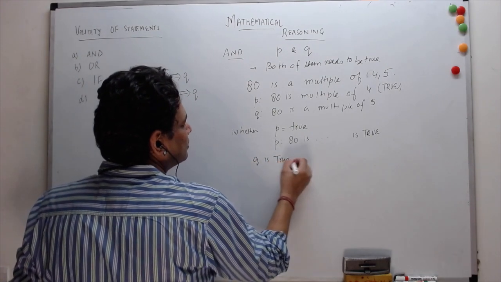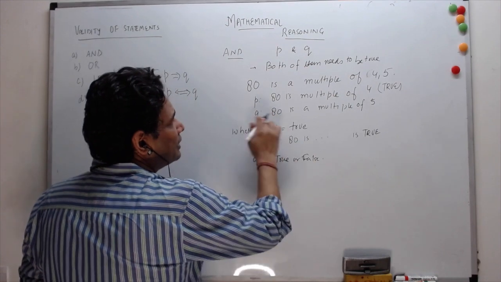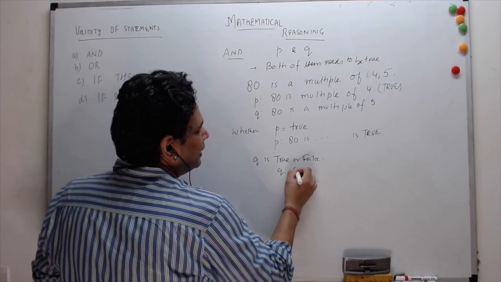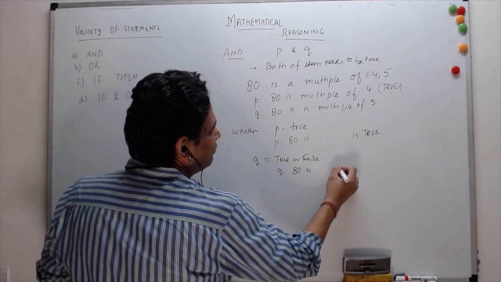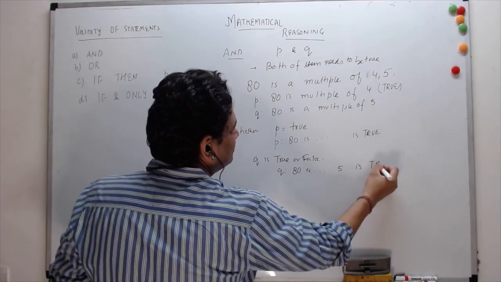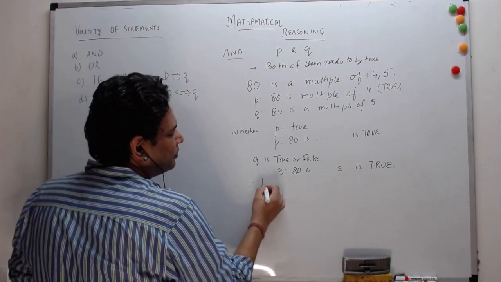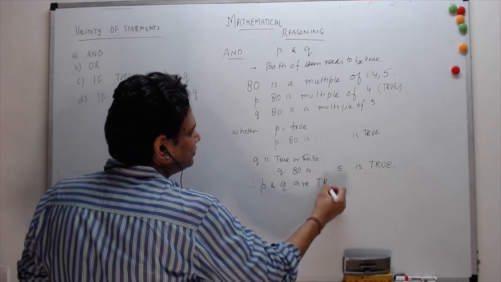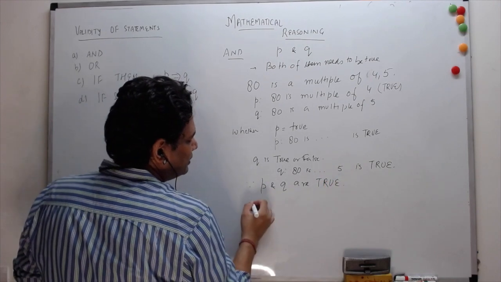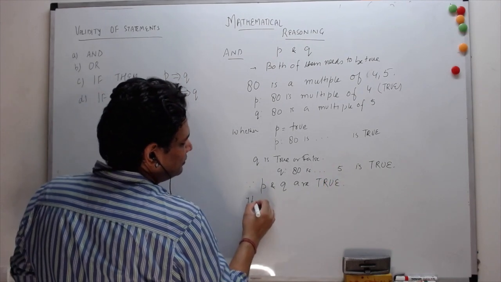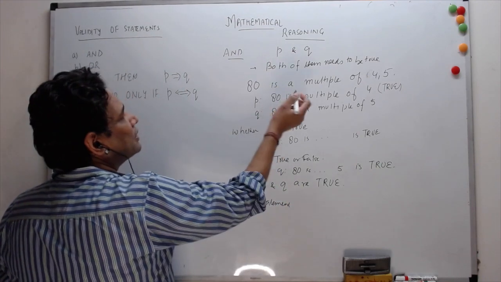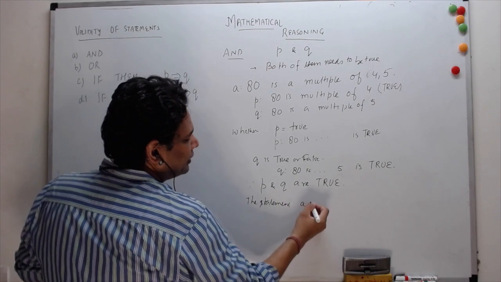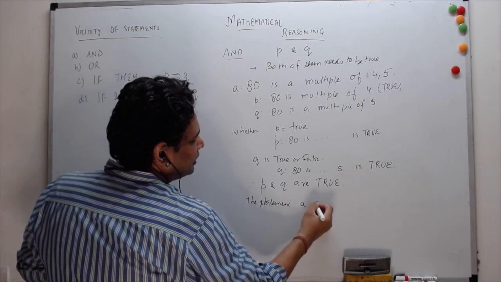In this case, 80 is a multiple of 5 also, so Q, 80 is a multiple of 5, is true as well. So since both P and Q are true, we say that the statement, let's say this is represented by another alphabet A, the statement A is a true statement.